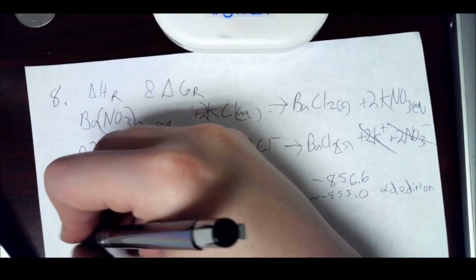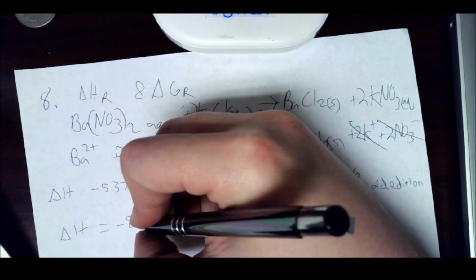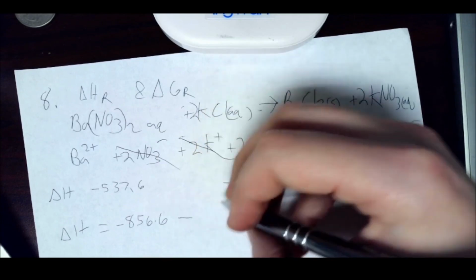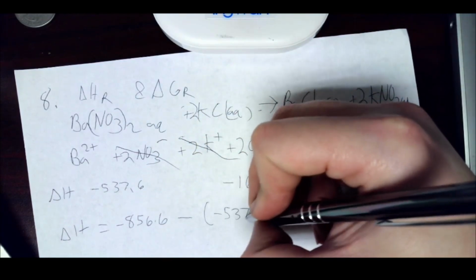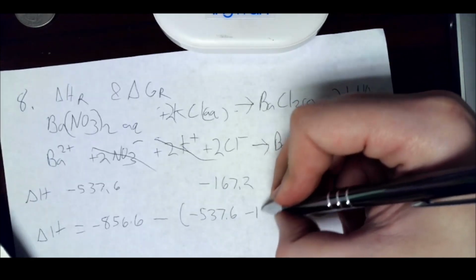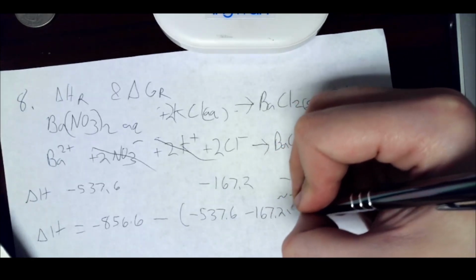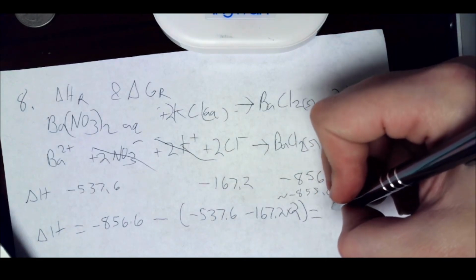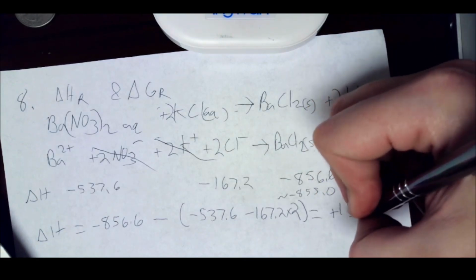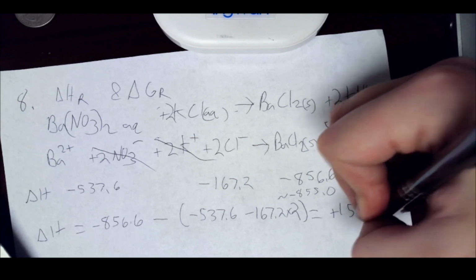So, delta H is simply, we'll use the current edition, because why would they put the current edition wrong numbers in? Products minus my reactants, negative 537.6 and negative 167.2 times 2. If you were to do this, you would get an enthalpy of 15.4 kilojoules.